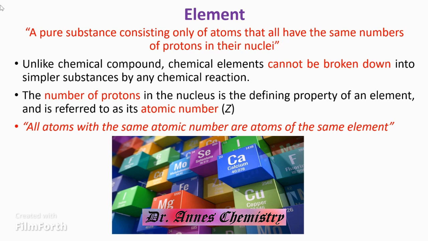So all atoms with the same atomic number are atoms of the same element. Hope you understand what an element is. An element is a pure substance consisting of one type of atom, defined by the number of protons in their nuclei, which we simply refer to as atomic number.